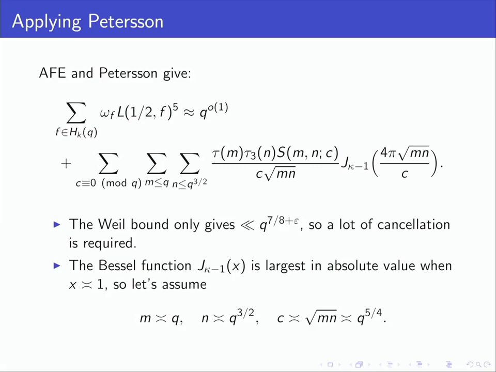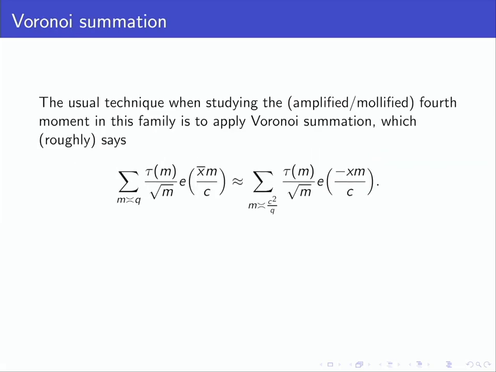But in practice, we have to deal with all the different ranges. Let's also assume that m and n are close to the largest sizes that they get, because heuristically that should be the hardest case. That means c should be of size square root of mn, so around q to the 5 over 4. That's just a way to keep track of where all the parameters are.